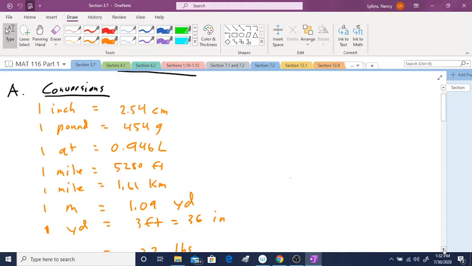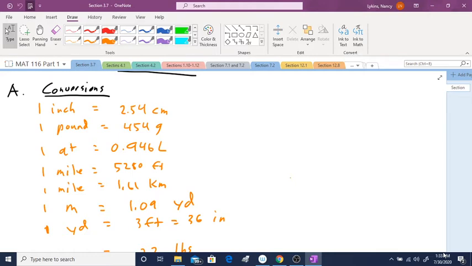Now, as you scroll down, one thing that sticks out is 1 mile is 5,280 feet. We know this. At the very bottom, 1 yard equals 3 feet. And since there are 12 inches in a foot, 3 feet means we have 36 inches. 1 pound is 454 grams.